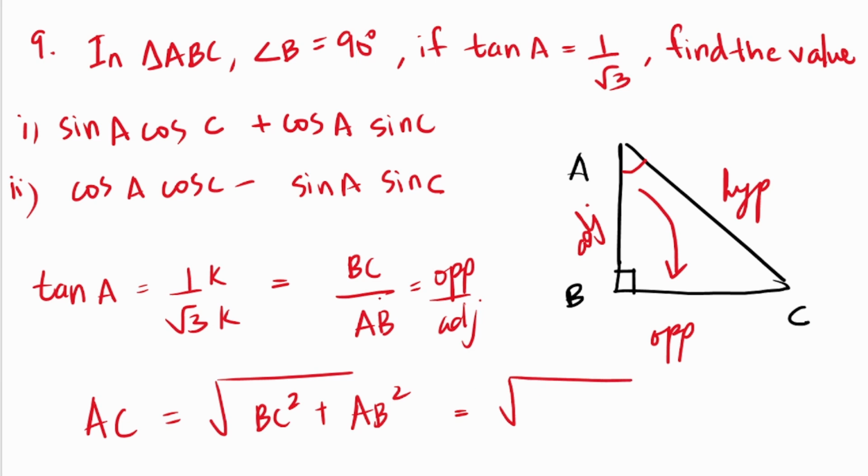You have BC equal to 1K, so you can simply write K square, it doesn't matter. And AB has got to be root 3, so it's root 3 into K whole square.